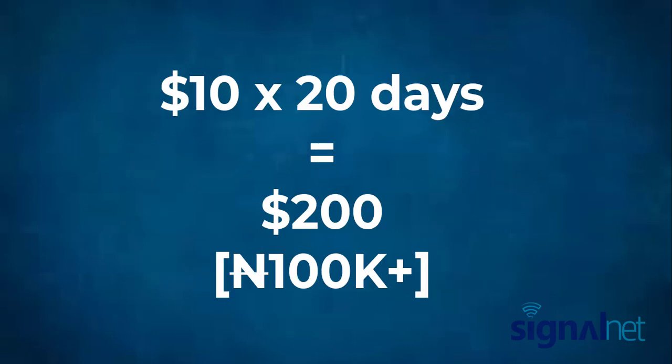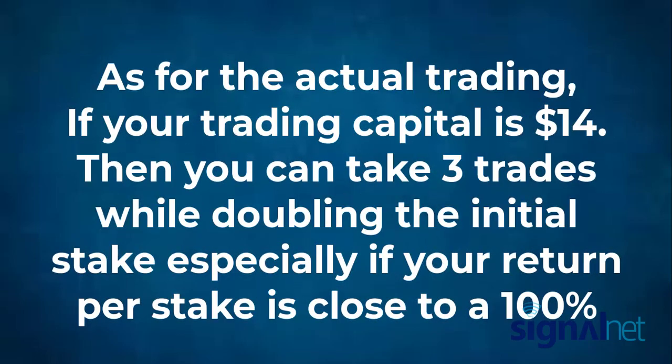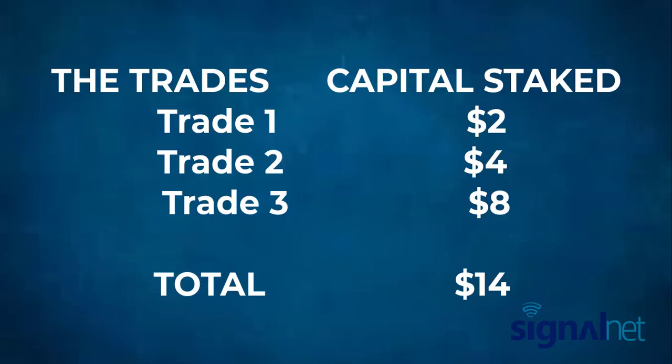If that doesn't work again, you double it up again with $8. Usually, if you get the zone right, even the first time you go in with your $2, it should work. But let's just say, for some reason, the market is still pushing in that direction. By the third time, it should have worked.